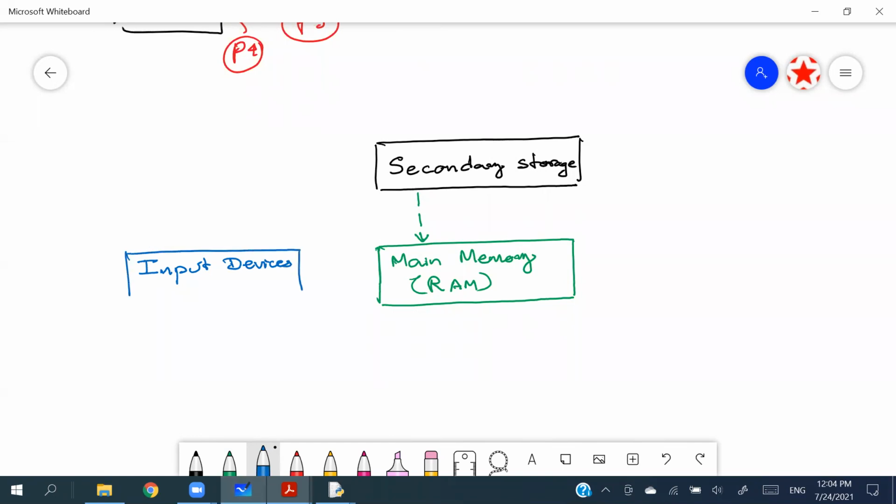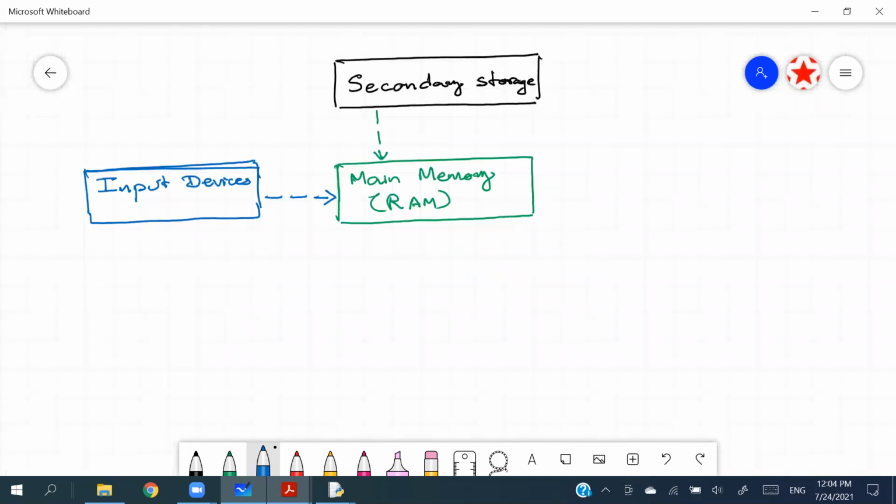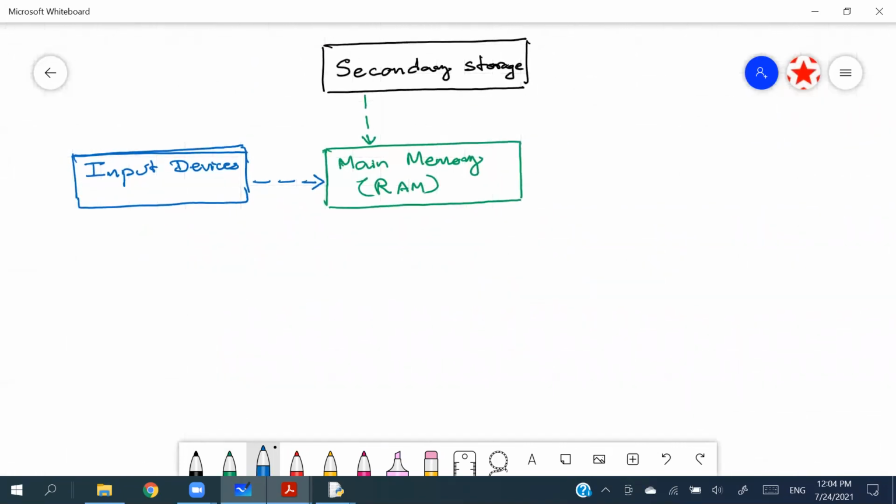These input devices like the mouse, keyboard, and all these things have the same ability to provide the data or the instruction into the main memory, right? So whatever data needs to be processed, first it hits the main memory. From the main memory, it is given into the CPU, right?